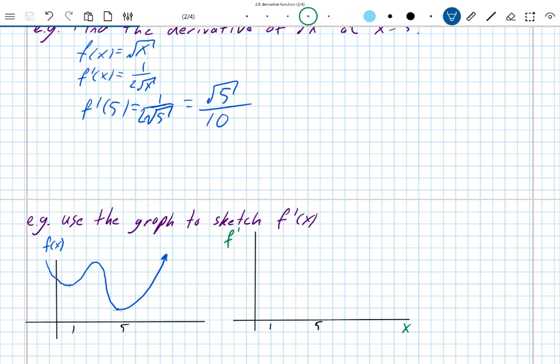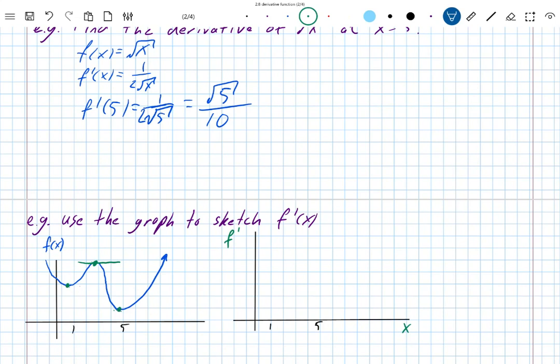But this is important. I could ask myself, where is f prime going to be 0? Let's find some nice points. So f prime is 0 when the tangent line has a slope of 0, which is where that tangent line is horizontal. So like right there, right at the top of that peak, that tangent line should be horizontal, or the bottom of this trough, or the bottom of this trough.